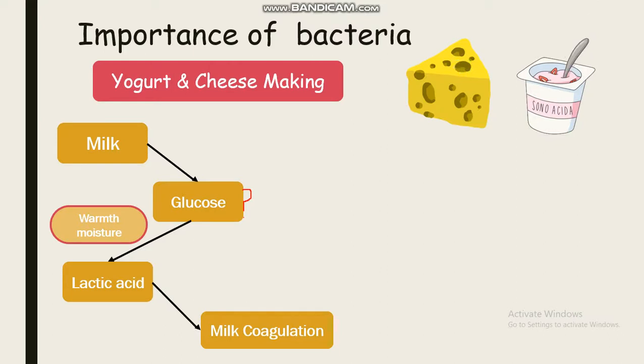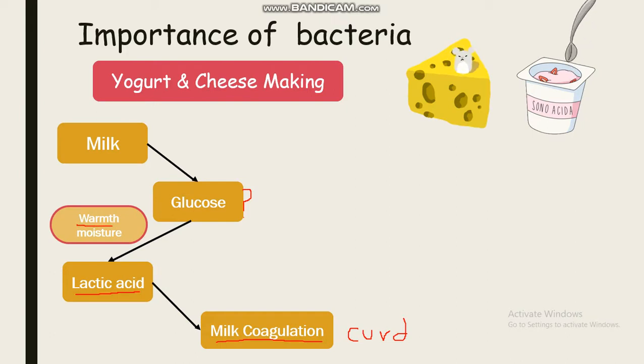Bacteria, like yeast, uses this sugar as food and converts it into lactic acid. This acid coagulates the milk and forms curds. These curds are called yogurt. The bacteria need certain conditions to produce curd.